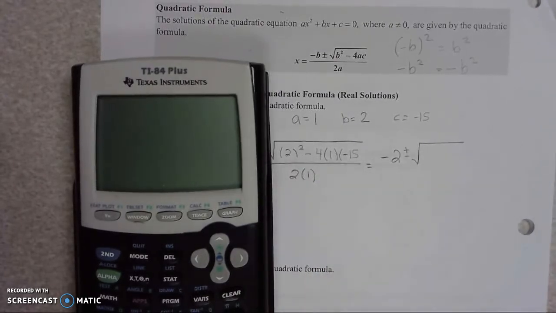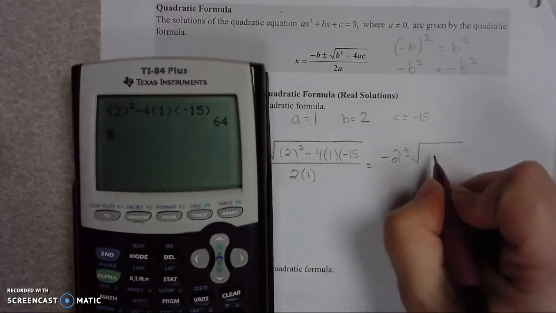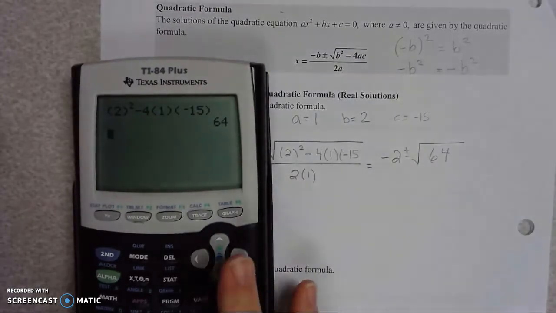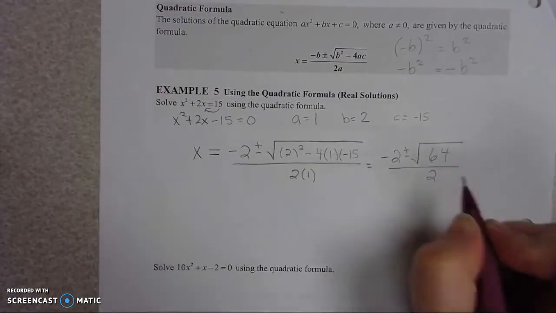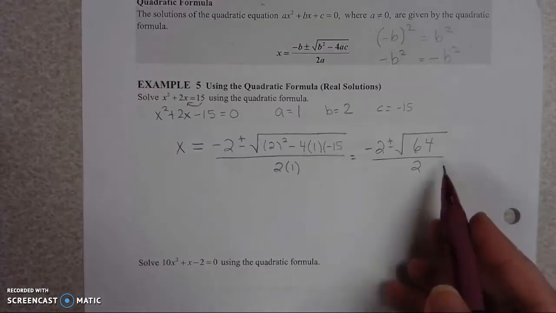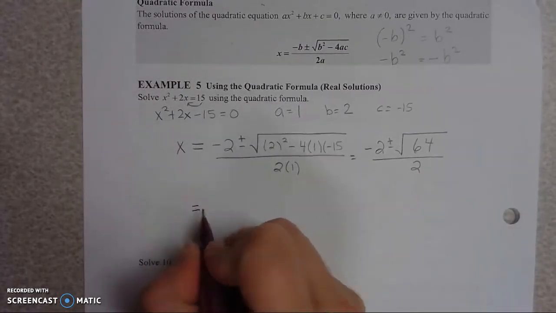So let's type that in: 2 squared minus 4 times 1 times negative 15. And that is 64, all over 2.